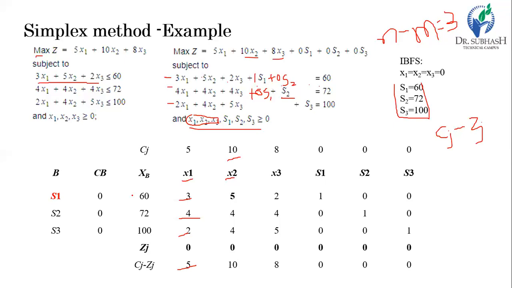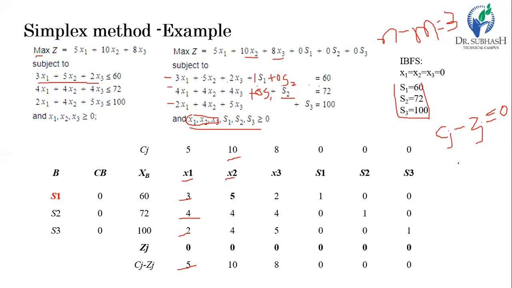So now, what is the condition of optimality, whether it is optimal or not? The condition differs for the maximization as well as the minimization case. In the maximization case, all the Cj minus Zj values must be less than or equal to 0. So when all the values of Cj minus Zj are either 0 or negative, we call it an optimum solution.